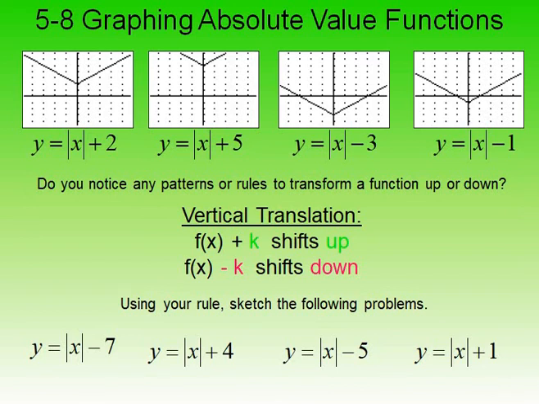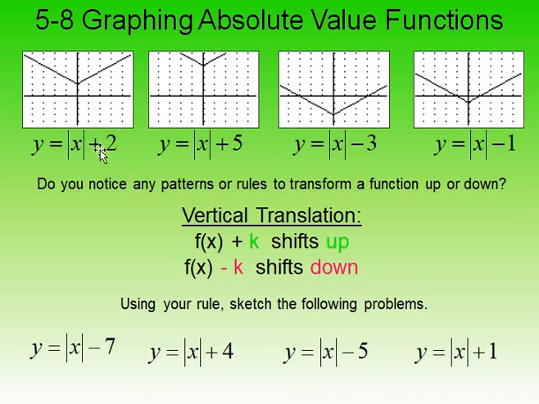Now look. If my translation is vertical, as you see in these graphs, where my V shape is going up or down, you will notice that the absolute value will be only around x. Look, absolute value of x, and the number will be subtracted or added outside of the absolute value symbol.